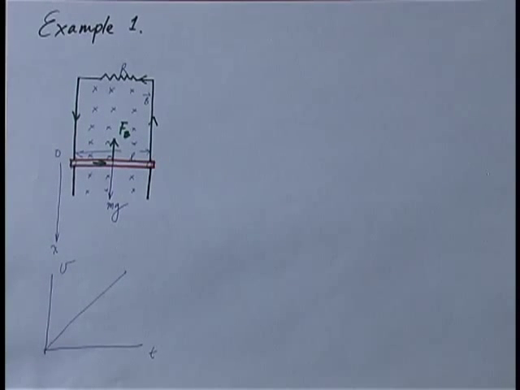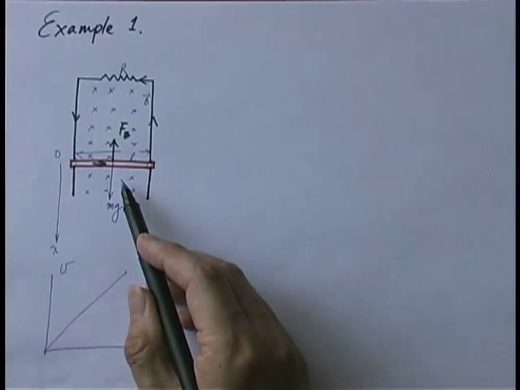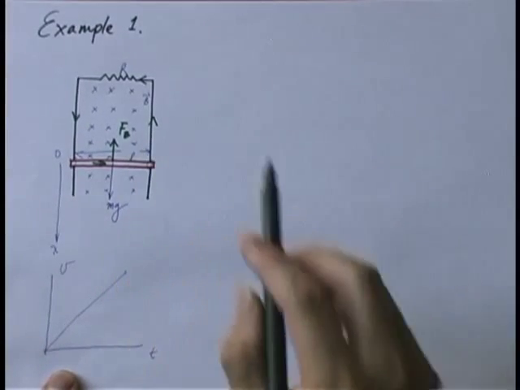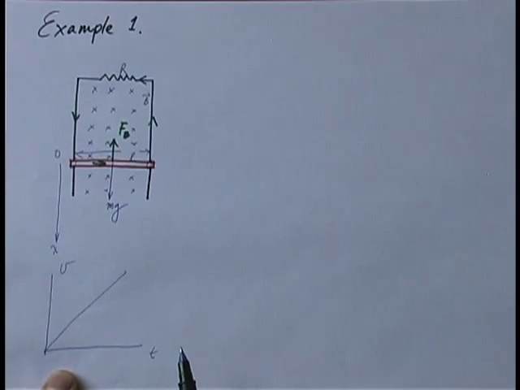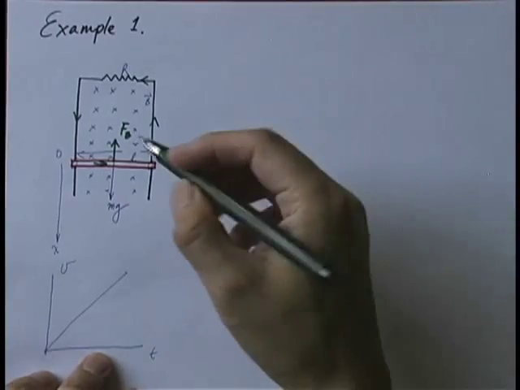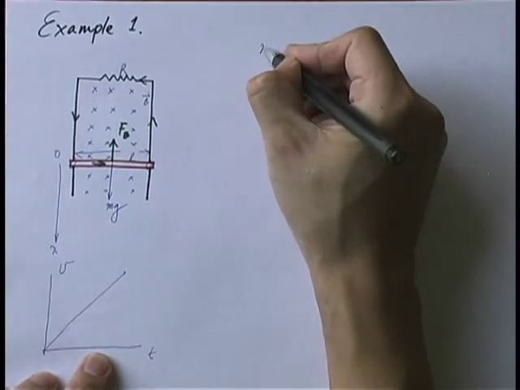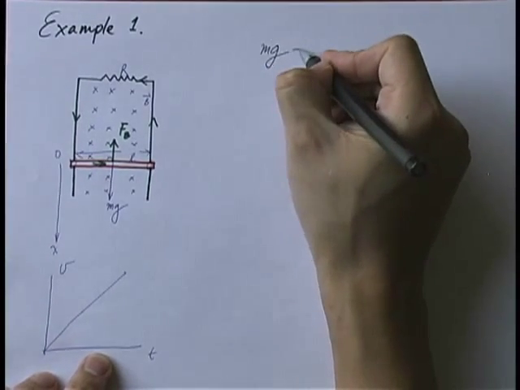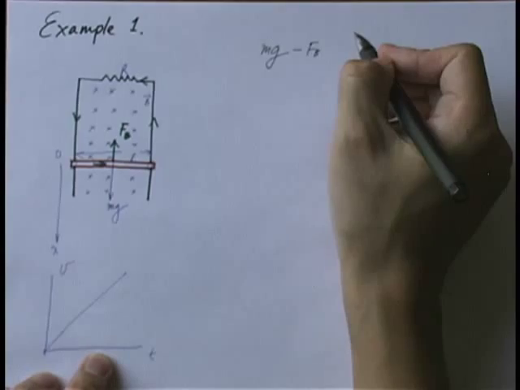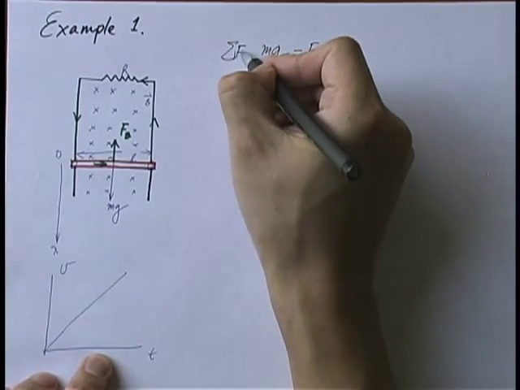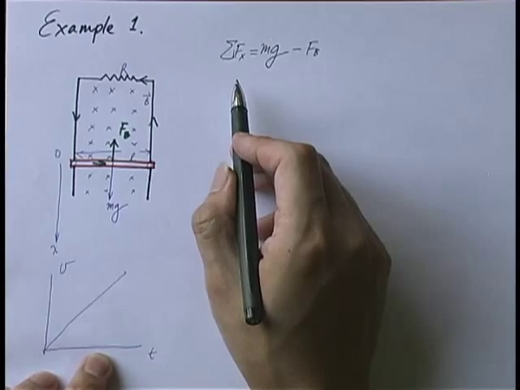Now, with that magnetic force, I want to qualitatively predict what kind of motion this bar will experience. Well, the magnetic force is F_B = ILB. As a matter of fact, you can write Newton's law with it to describe the motion of the bar. This is where physics 1A comes in, not just 1C anymore. Choosing the downward direction to be positive, you get mg minus F_B as the net force in the x direction.